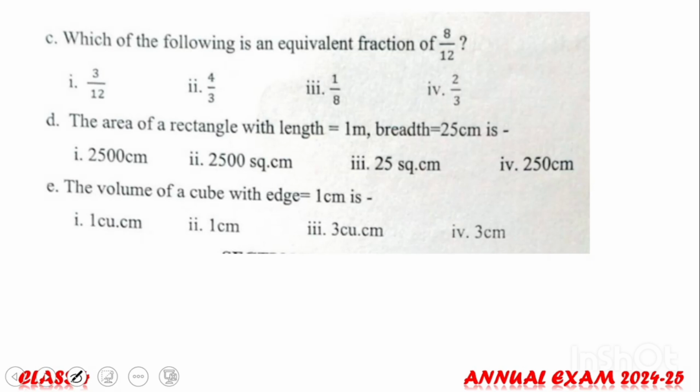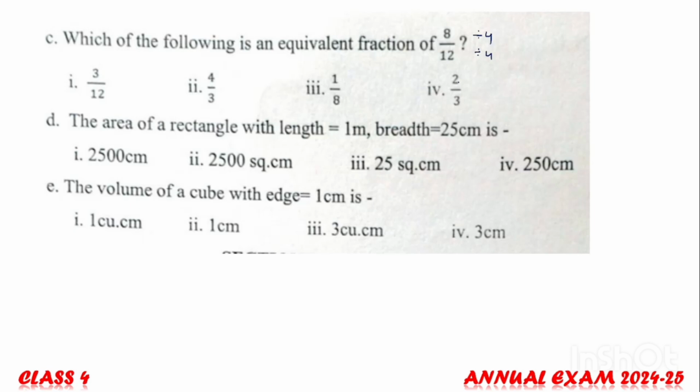Which of the following is an equivalent fraction of 8 by 12? Okay, for 8 by 12, first we divide, that is, divide by 4. Sir, why do we divide, why do we not multiply? Because all the fractions are less than 8 by 12. That's why we divide. If we multiply 2 with 8, then we get 16, a bigger number.